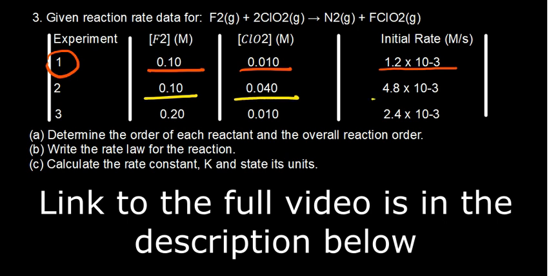Then the rate changed. In the other case, you changed the concentration for the fluoride and maintained the concentration as in the first experiment for the other reactant. Again, you observed that the rate changed.